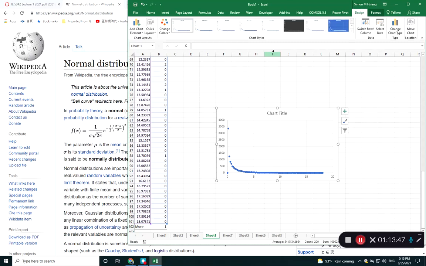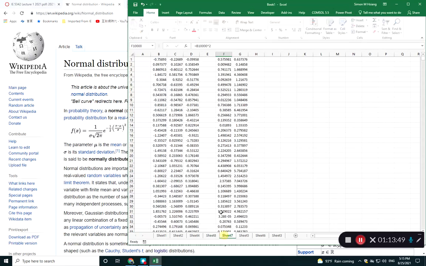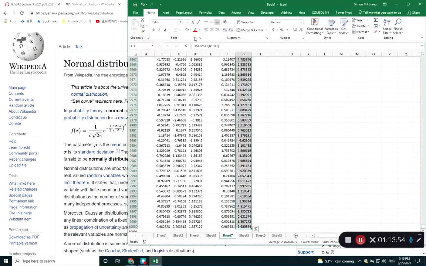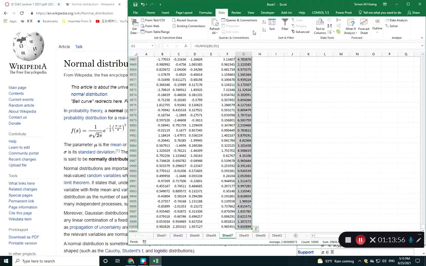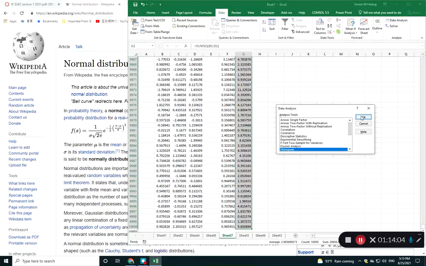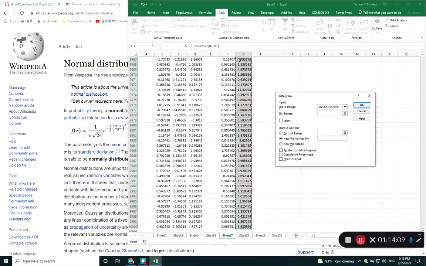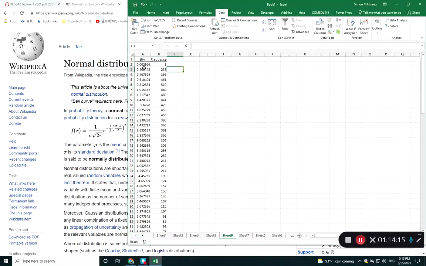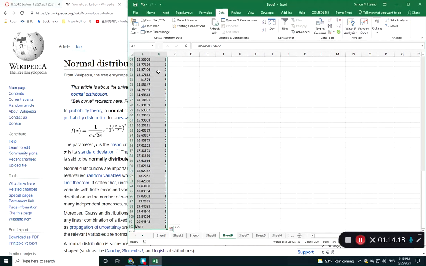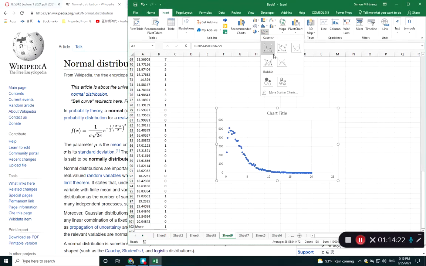But if I use 3 of them, data analysis, histogram. And look at the shape.